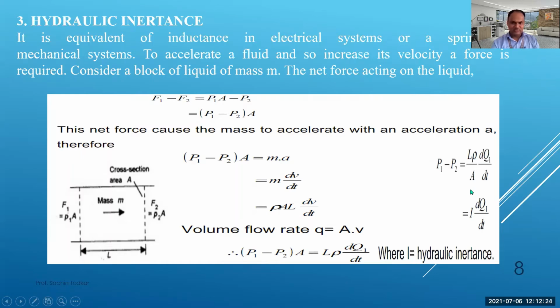So it is equivalent to inductance in the case of an electrical system. These two terminologies we have to remember with the help of this derivation: inertance is equal to L into rho divided by A.